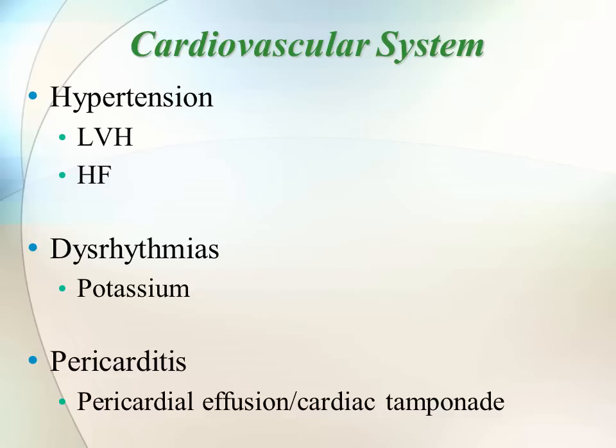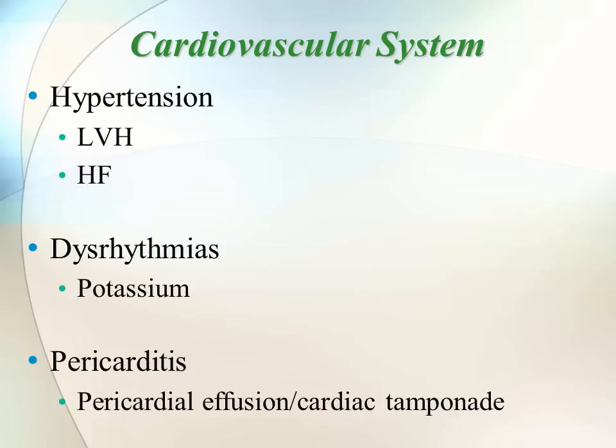And then we have pericarditis, or what they call uremic pericarditis, where we have an inflammation of the pericardial membrane because of all of the uremia that is in there. It's not exactly sure why there is this uremic pericarditis, but they do believe it has to do with all the uremic toxins.